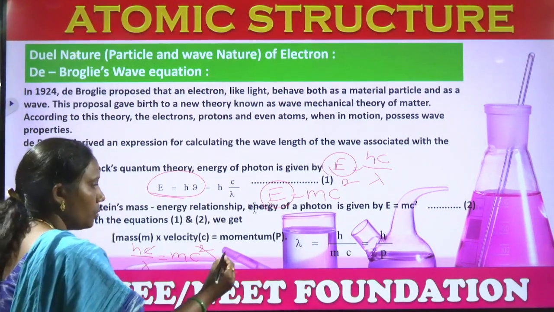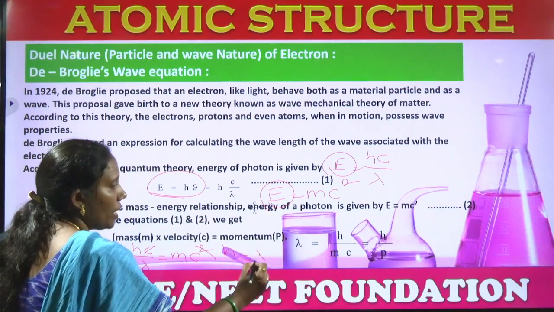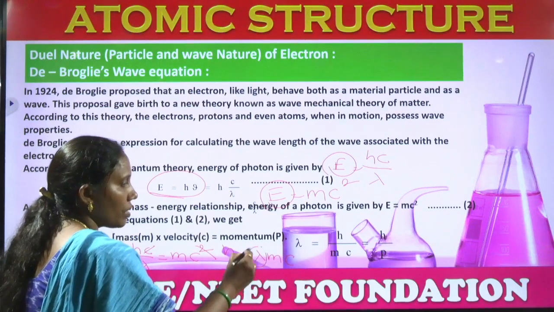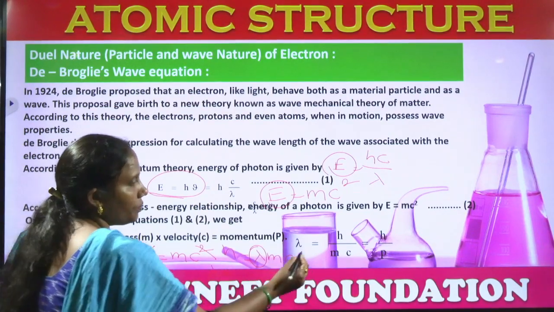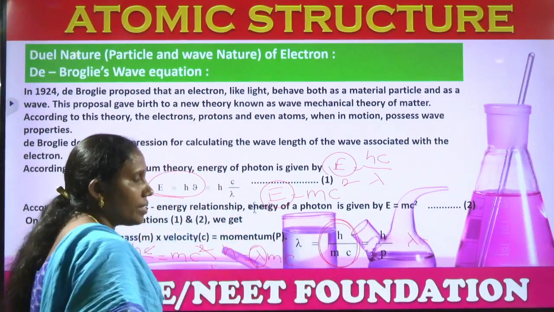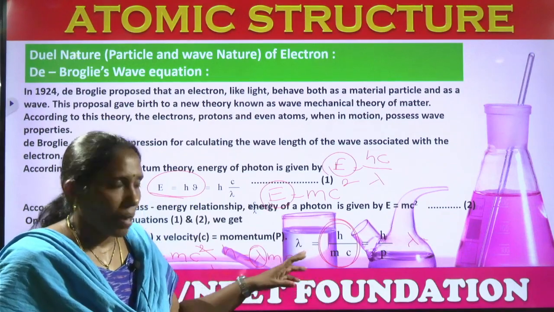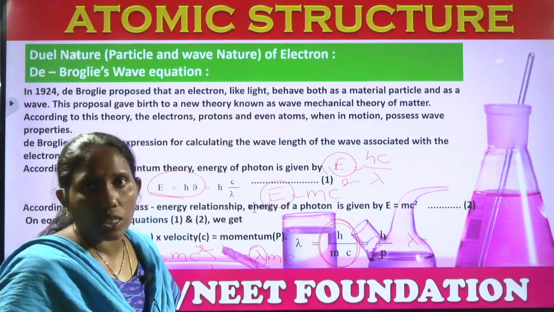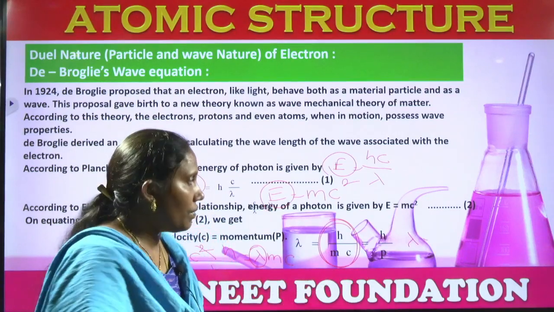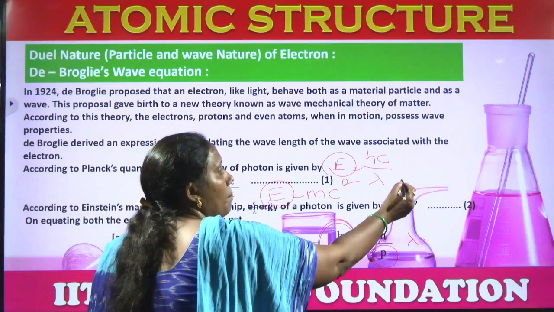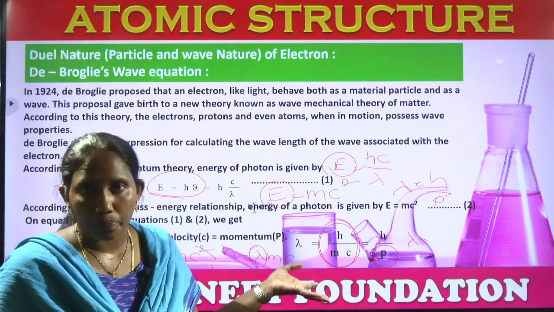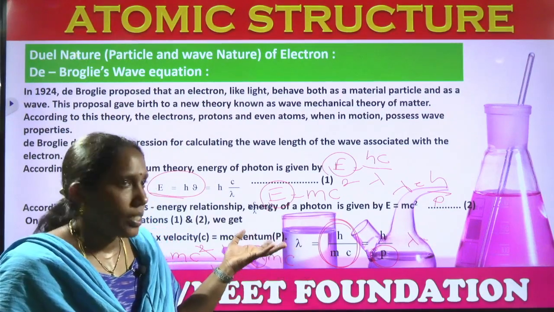Finally, h equal to lambda m c, so wavelength lambda equal to h by mc. h is Planck's constant, m is the mass, c is the velocity of light. This mass into velocity is called momentum, which we consider as p. So, lambda equal to h by p, Planck's constant by momentum. This is de Broglie's theory.